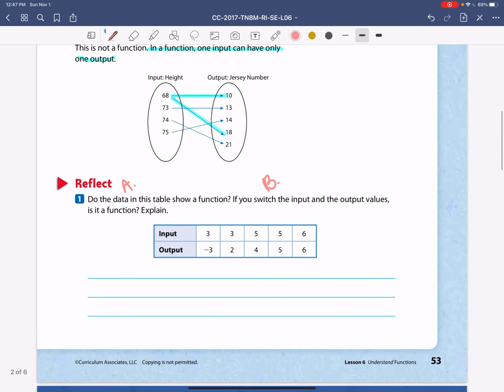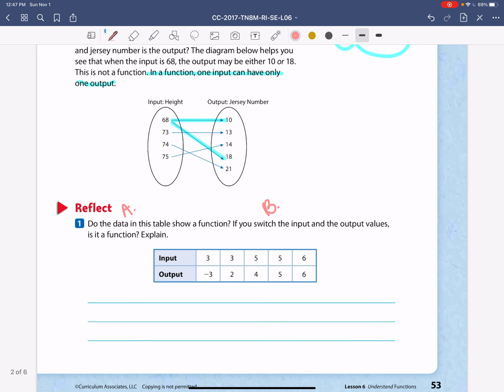Looking at it first, we have an input of 3 gives you -3. Then 3 gives you 2. So that means 3 could also give you 2. 5 gives you 4, but it could also give you 5. And 6 gives you 6. Remember, a function can only have one output for each input.